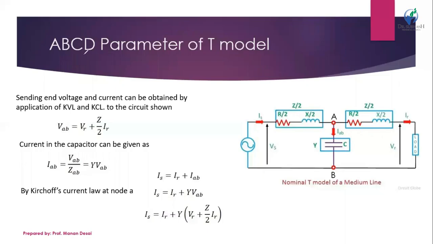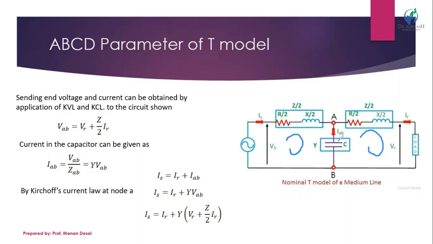So in the ABCD parameters of the T model, we have two loops. We can apply KVL in these two loops and KCL at this junction. So the sending end voltage and current can be obtained by application of KVL and KCL.